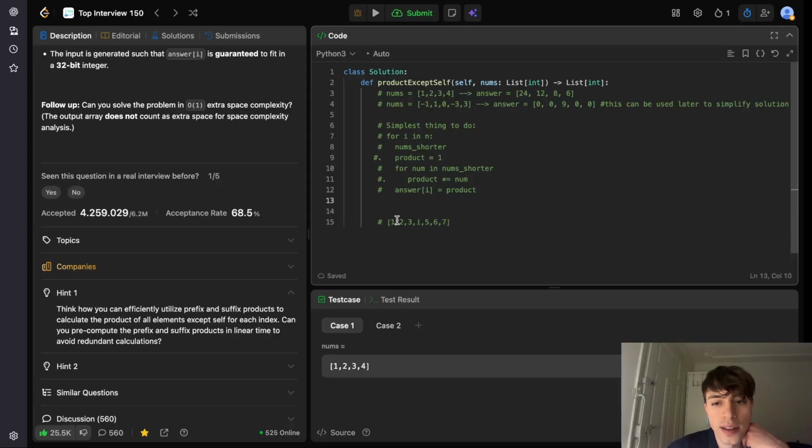So I could say, all right, I start here and my suffix product is one. I can't use division. That's the problem. Because if I am here, there is no prefix product, but there's the suffix product. And this I can calculate, this is n time, the first time.